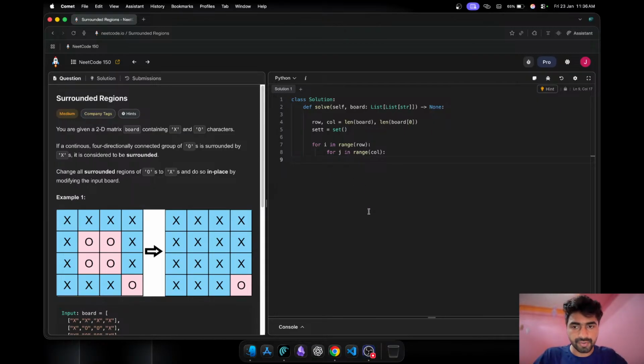So for i in range row, for j in range column, and if board of i and j equals O, we need to perform the DFS on it, but I haven't handled the edge case, that is if O is on the border.